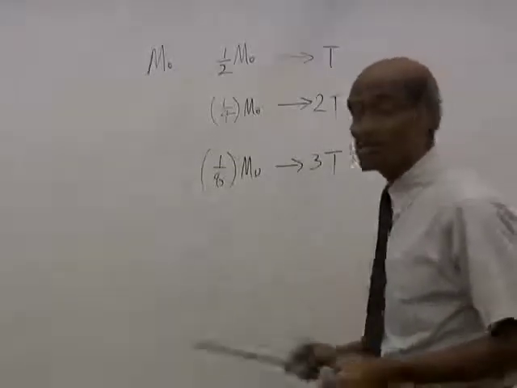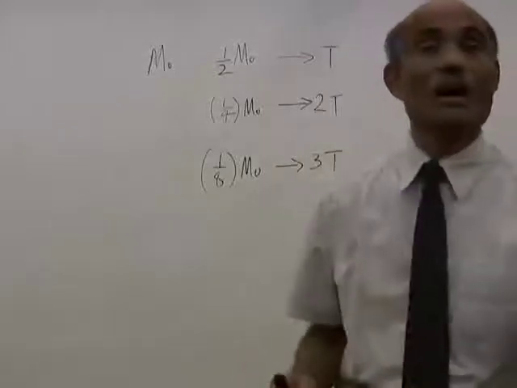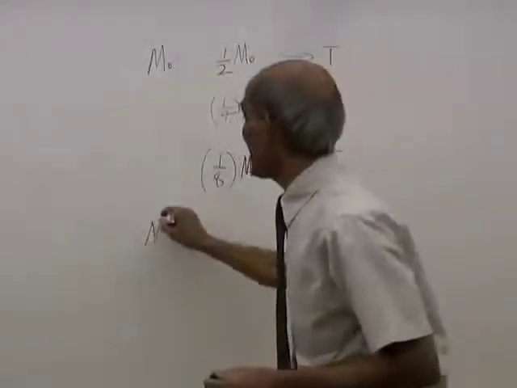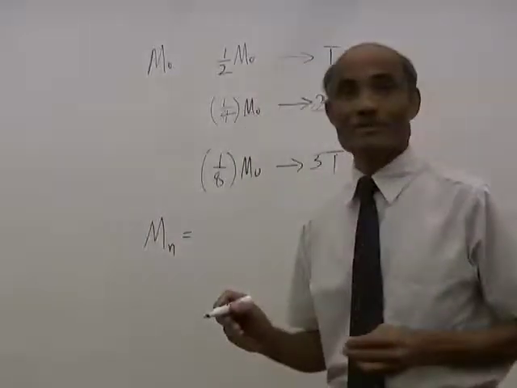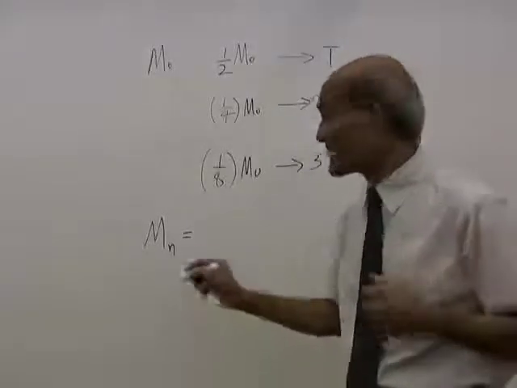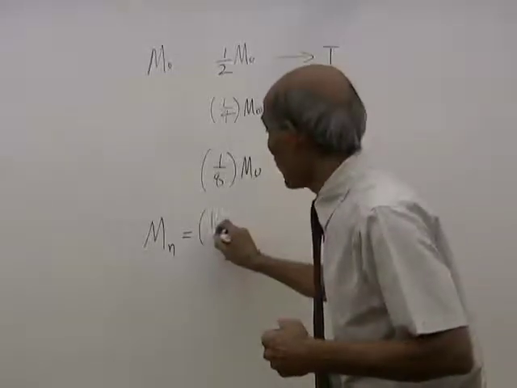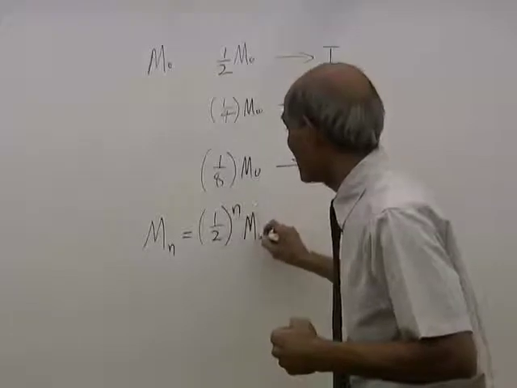Now, can we write a general expression for this? After n half-lives, how much of the original material is left? In other words, I can say Mn, that is the mass of original radioactive material left after n half-lives, equals 1/2 to the power of n times m0.